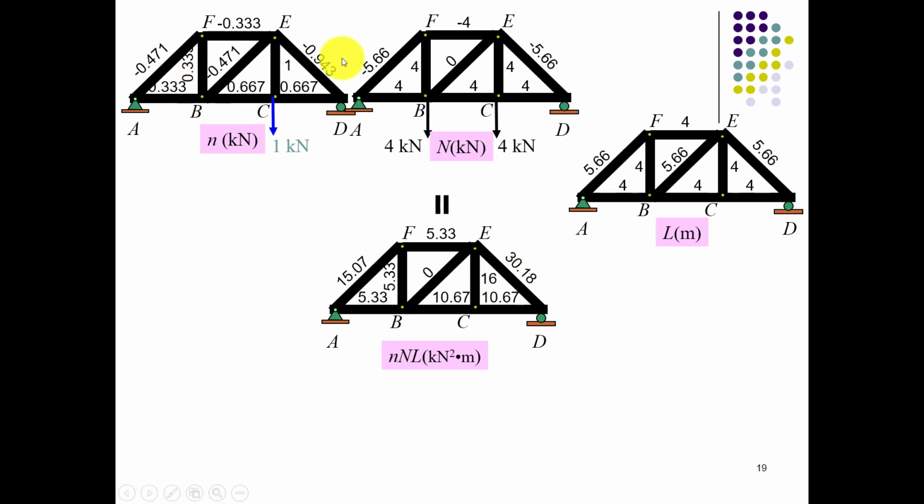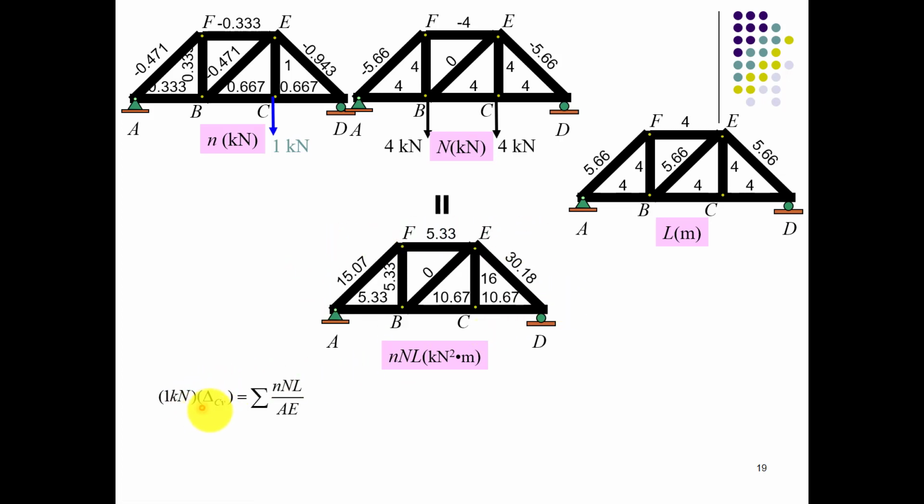So all three values are being multiplied and computed in the equivalent truss. So this is basically small n multiplied by N into L, which is a multiplication of the response due to virtually applied loading, response due to real applied loading, and length of elements. You will compute these values in a formula and sum it for all of the member elements.